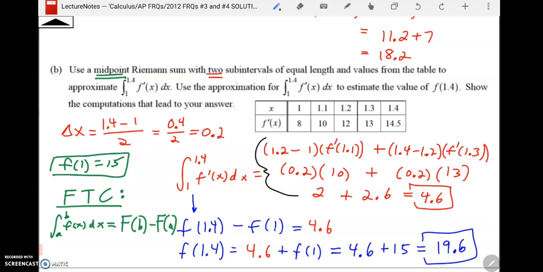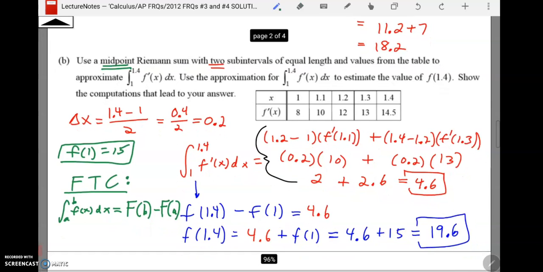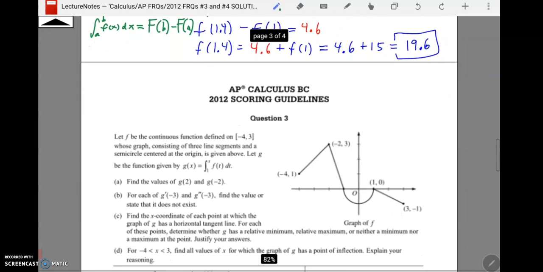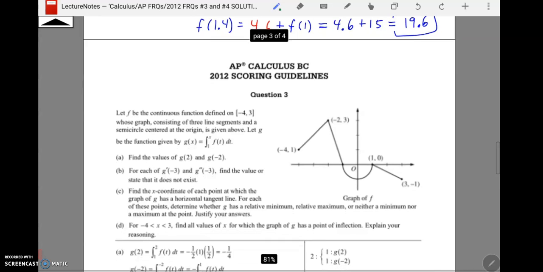We don't have function f, but we can try our best to determine its values using a tangent line, or using a table to get the area. Now, part C is Euler's method, and part D is a Taylor polynomial. Both of those do the same thing. I cut them off, but you're going to see two other ways to approximate the function.